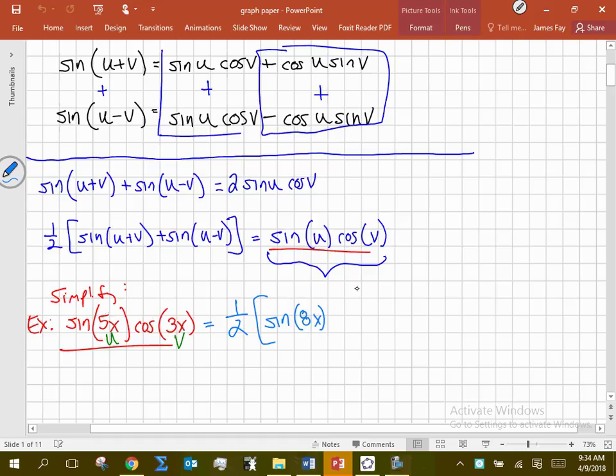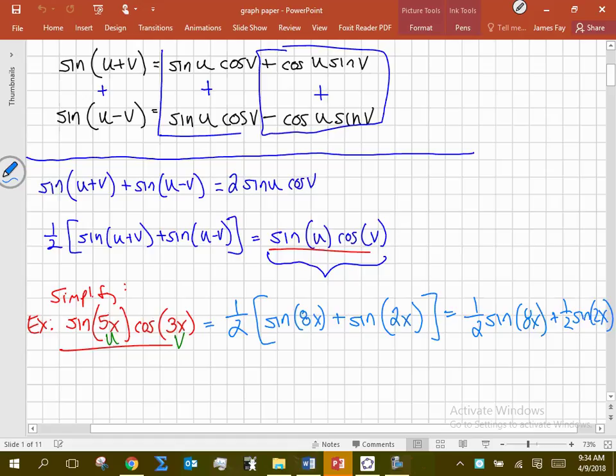And now plus sine of u minus v. U is 5x, v is 3x, so subtract them, I get 2x. If you feel the need to do this, you can. I'm going to distribute that 1/2 through. Ultimately, it's not a big deal. You can write it that way.